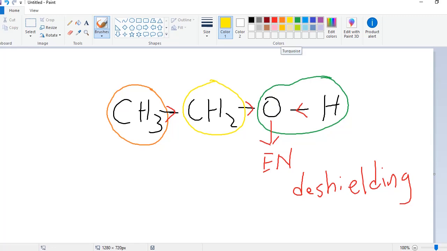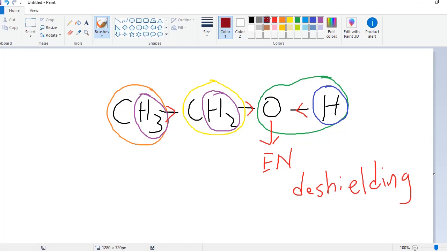By knowing the concept of electronegativity, we know that the ability of the electronegative atom to pull electrons goes on decreasing as we move away from the electronegative group. That means the most influenced proton should be the hydroxyl proton, followed by the methylene proton, then followed by the methyl proton.